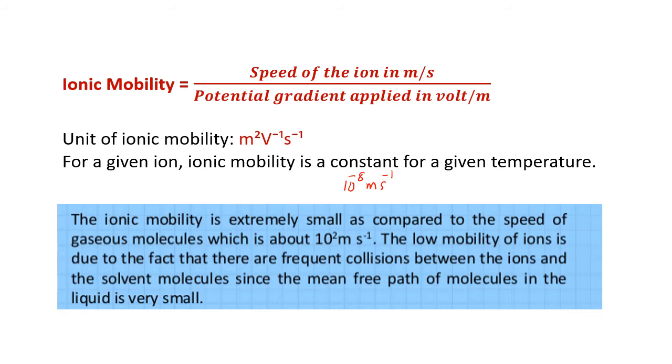That means the mobility of ions is small compared to the speed of gaseous molecules, and the low mobility of ions is attributed to their small mean free path. This is because the ions during their movement undergo frequent collisions, so the mean free path is small.